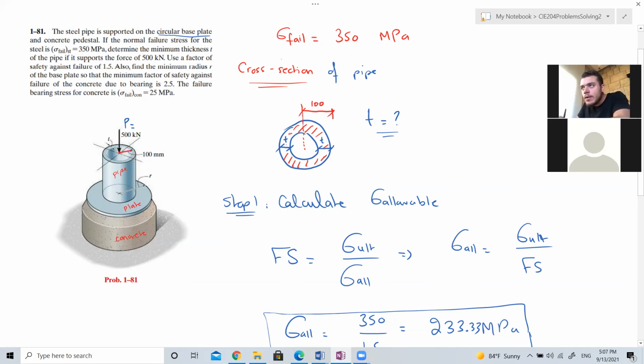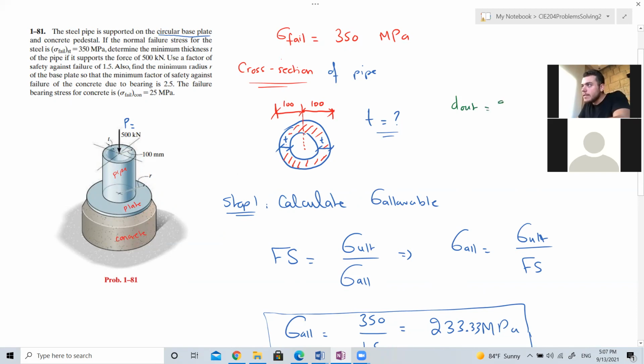From here to here, this is equal to 100. Okay. Can you see it from the center to the end? Yes. So if this is 100, Hassan, what is this? 100. Yes. So what is the outer diameter?